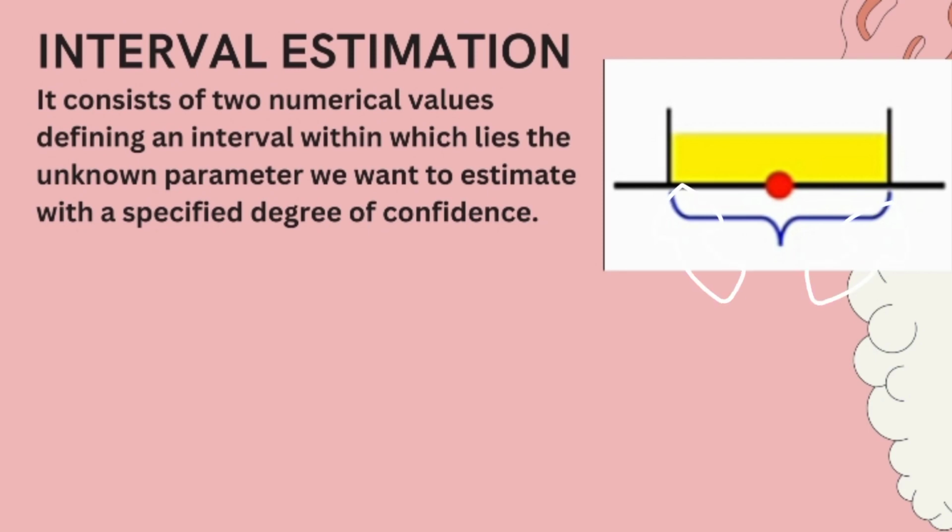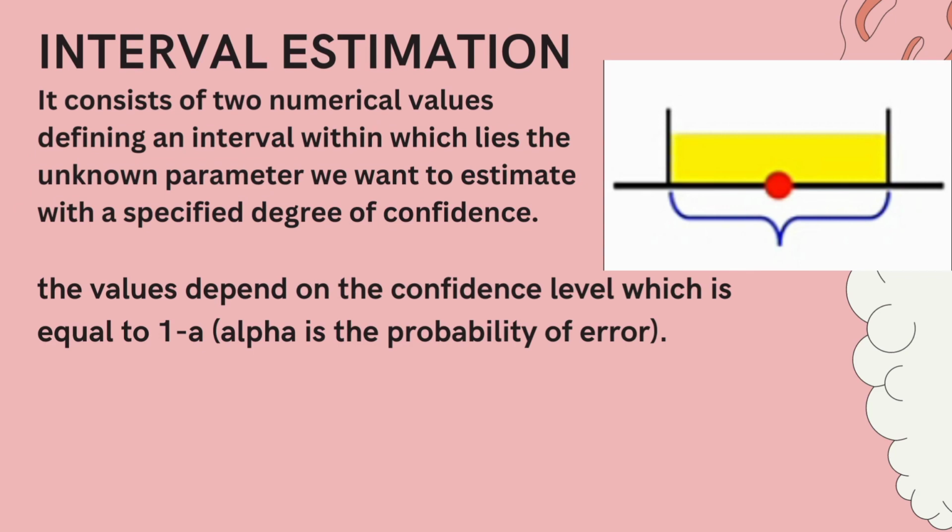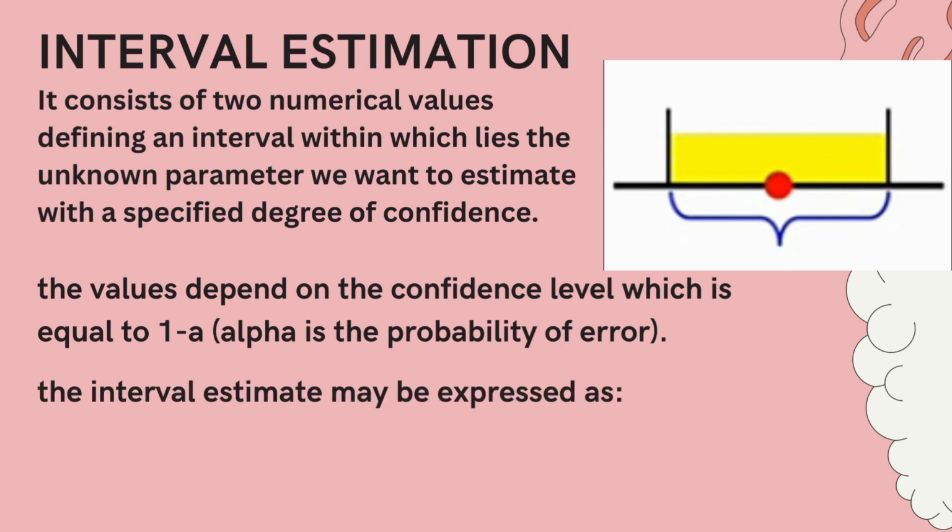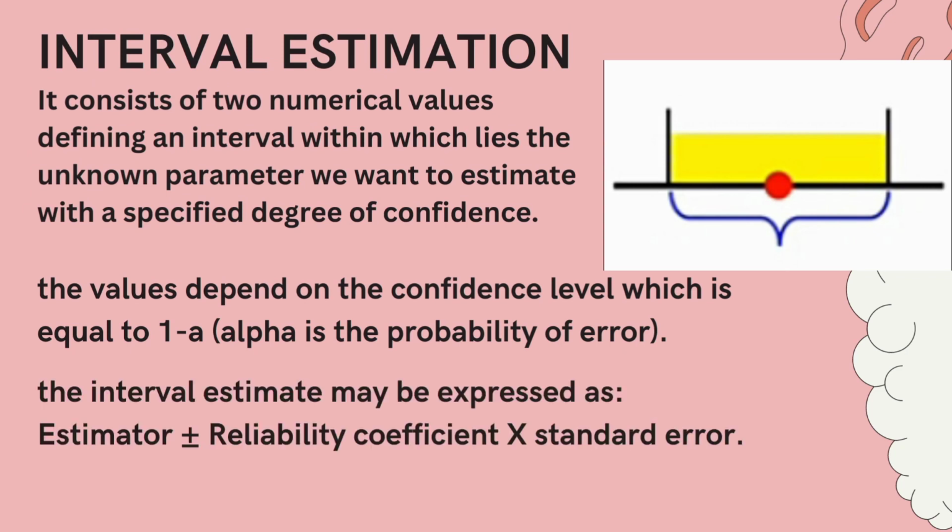Here are the two numerical values defining the interval. The values depend on the confidence level, which is equal to 1 minus alpha. Alpha is the probability of error. The interval estimate may be expressed as estimator plus minus reliability coefficient times standard error.